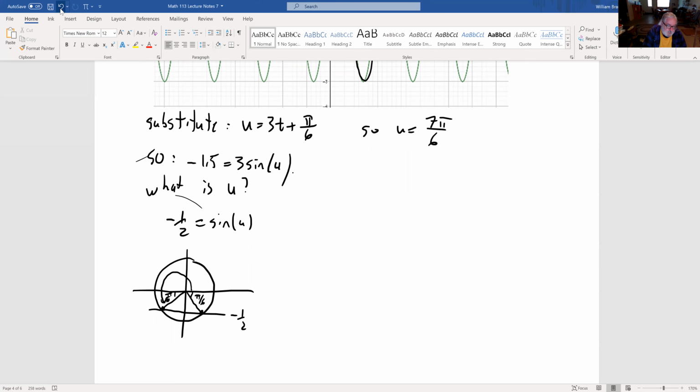So u would be from here to there is 6 pi over 6 gets you to the negative x-axis plus an extra pi over 6. And the other one is, well, that's 12 pi over 6 minus 1 more pi over 6, 11 pi over 6, plus 2 pi n. So those are all my solutions for u.